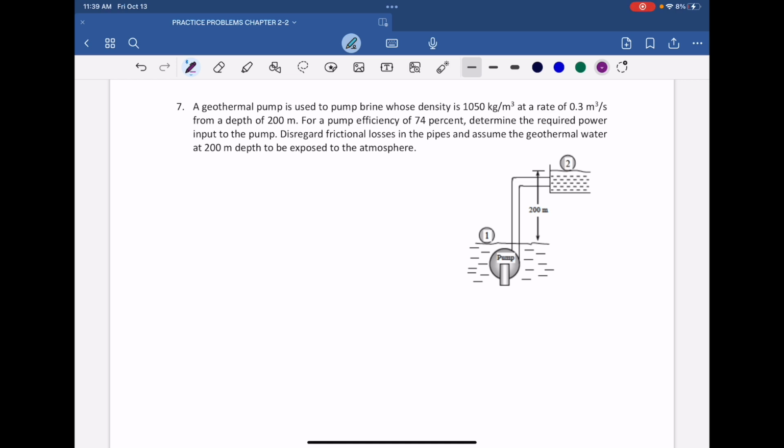All right, so here again we are looking at pump efficiency, and we need to remember the equation for pump efficiency.